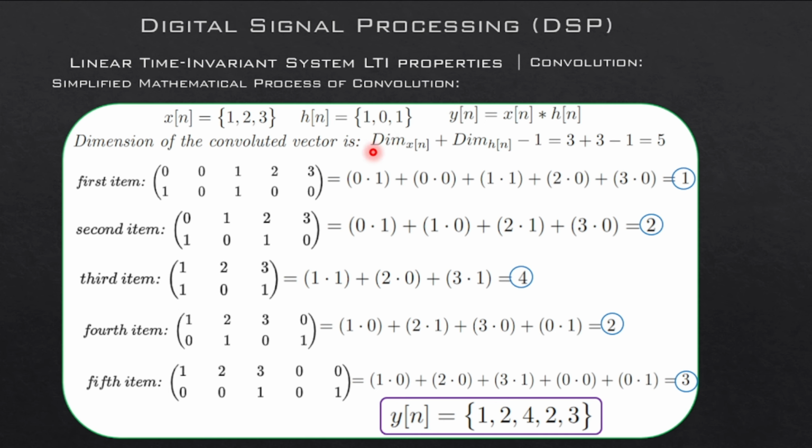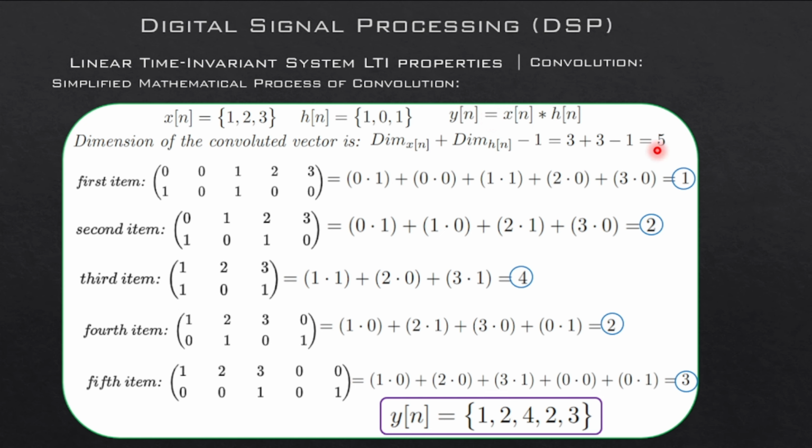First, you get the dimension of x[n], which is 3 items, plus the dimension of h[n], which is also 3 items in this example, minus 1. So 3 plus 3, 6, minus 1. So the dimension of y[n] is 5 items. It will have 5 items in it.